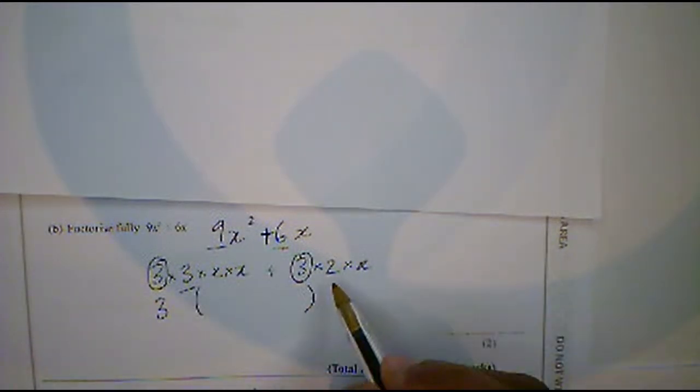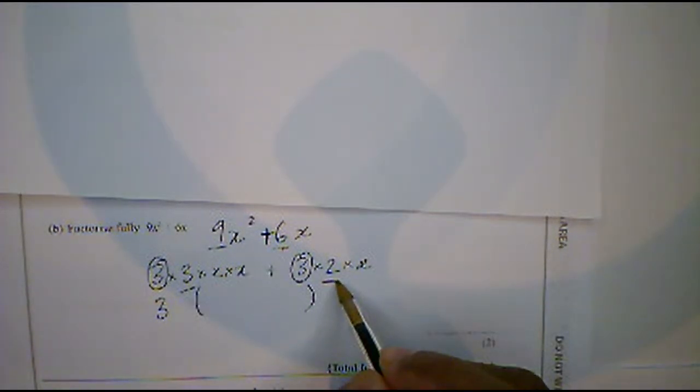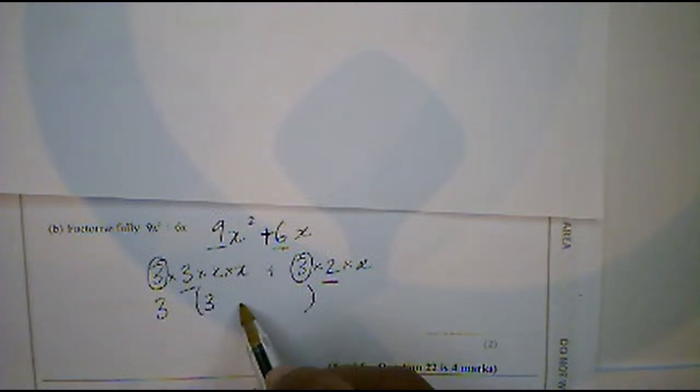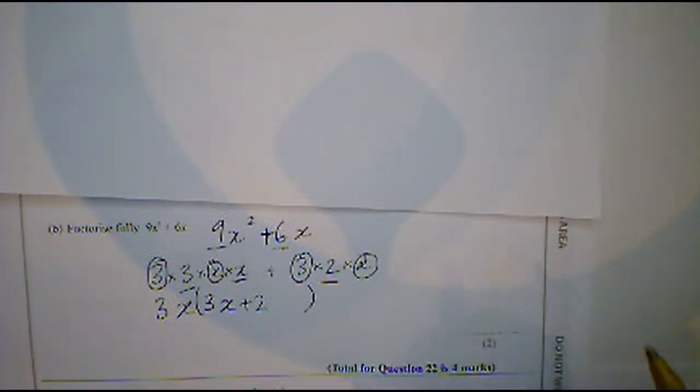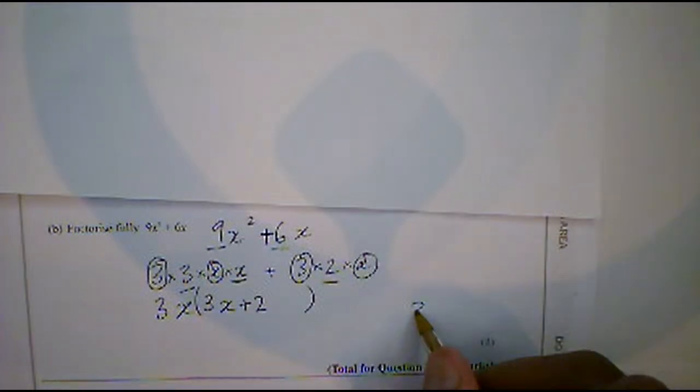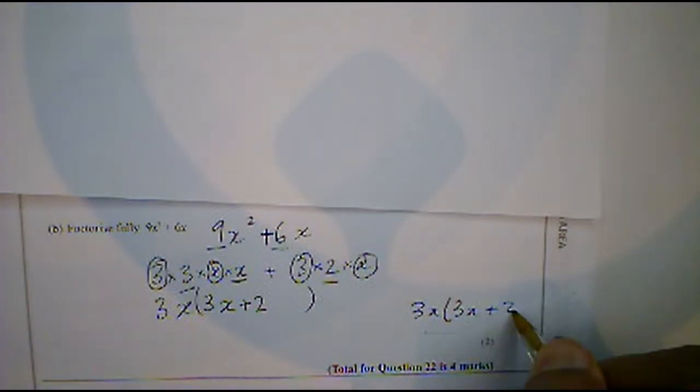I've got 3 and 2, so there's no other number terms here, so plus 2. I've got x here and x there, so that can go on the outside. I've got x left, which goes inside the bracket, and there's nothing else left here. So my final answer is 3x plus 2.